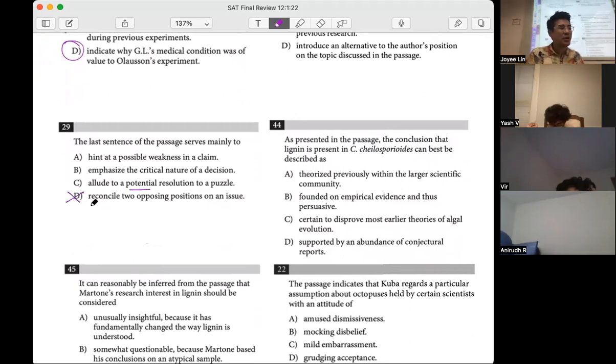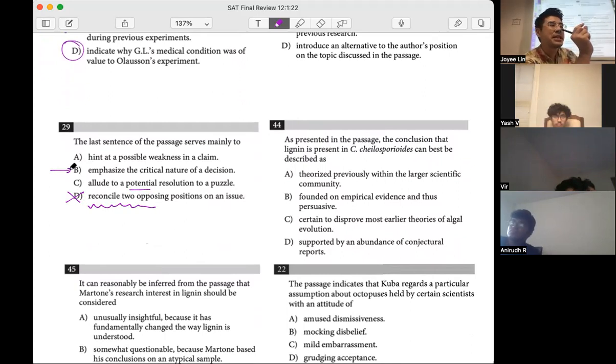Yeah, too strong, right? Too strong. I think it's B. I remember this one being B. No, to be honest, I thought it was A. At least I remember this passage. Was it C? A potential resolution? The only reason it works is it's a potential resolution, right? But it could also be B, right?